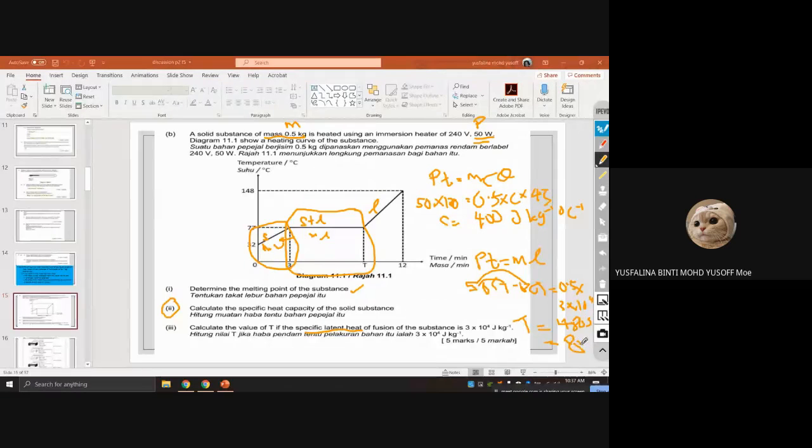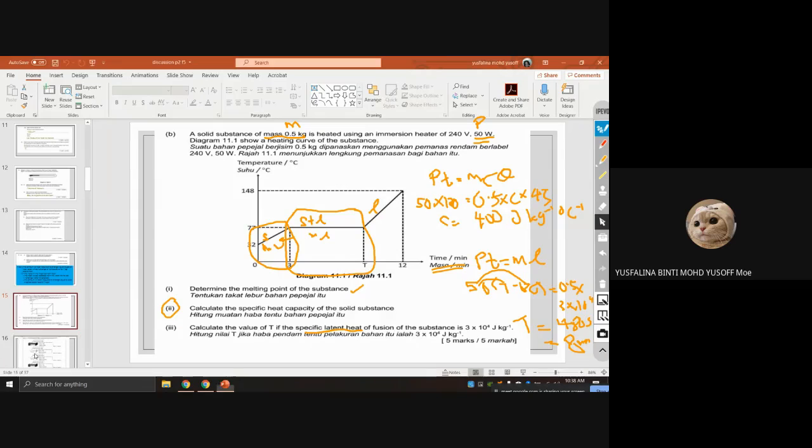So you have to give the answer in minutes because the unit on the axis is minutes. So the answer is 8 minutes. This is for B3: P T equals m L.